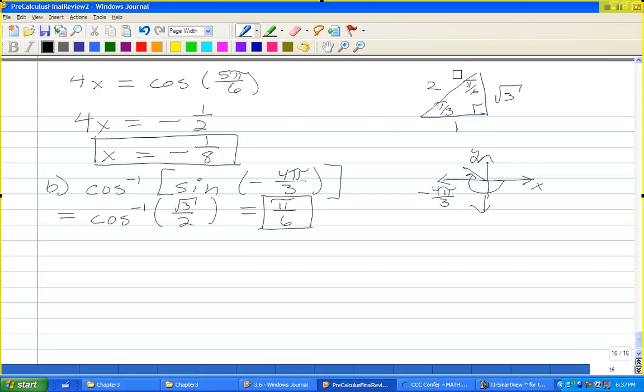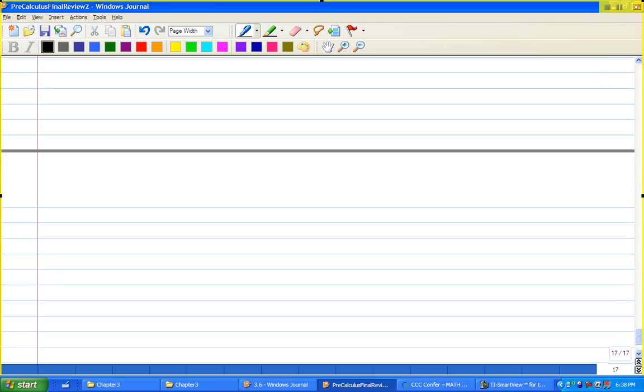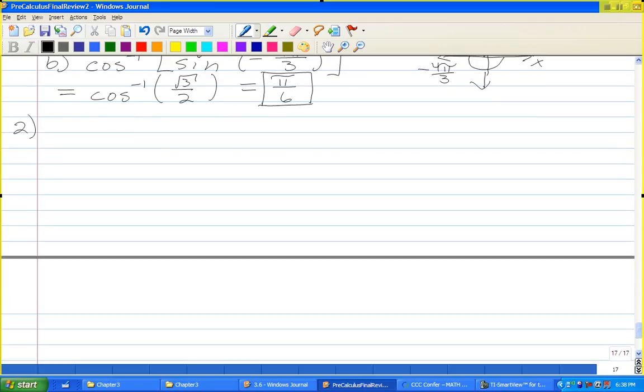Problem number 2. Write the trigonometric expressions in algebraic expression in u. Also very similar. Tangent of sine inverse u. Okay, so I have theta such that sine of theta is u.